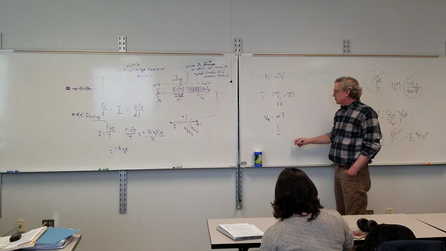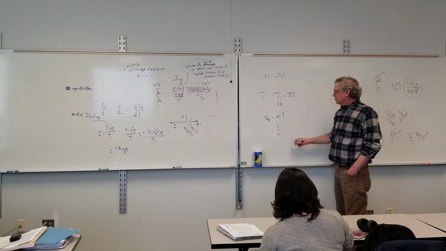It's only those that have enough energy to not be bound by a particular atom. So the charge carriers are the ones that can actually flow. Actually, it should be mobile charge carrier. So the mobile charge carrier density is the density of the charges that will actually move? Yeah. Or are available to move.